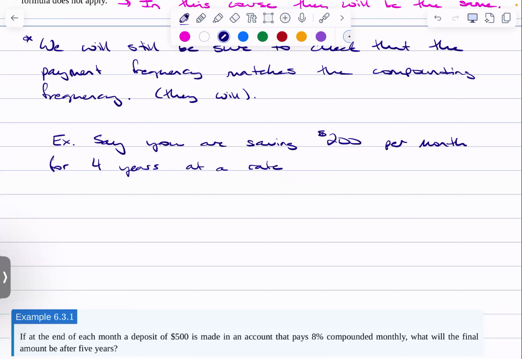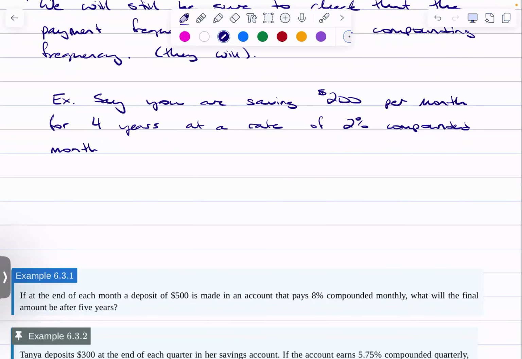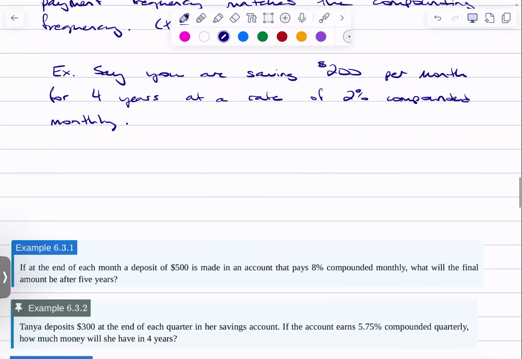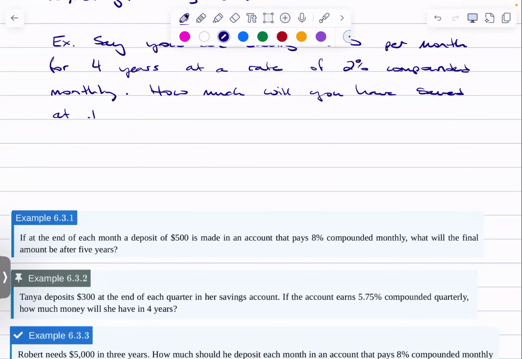Let's say 2%. I know that's even high right now, but at a rate of 2% compounded monthly. Okay. How much will you have in your account at the end of the 4 years? Okay. So how much will you have saved at the end of 4 years?